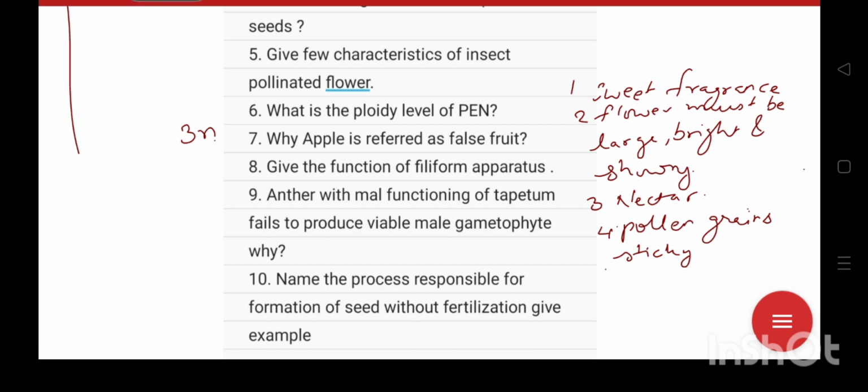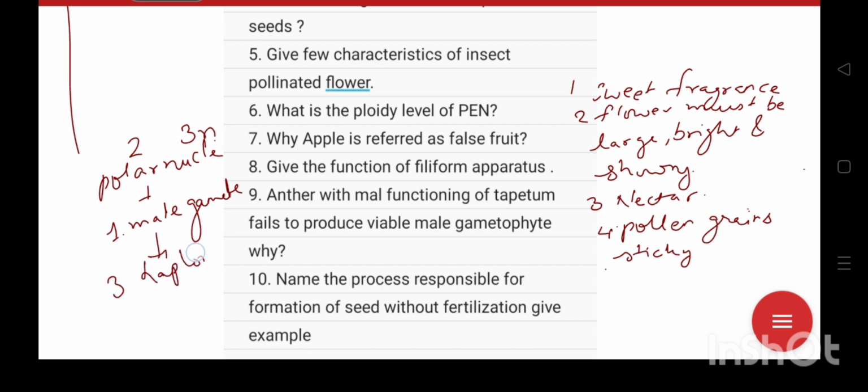Ploidy level is 3N as it is formed by the fusion of haploid nuclei, that is 2 polar nuclei and 1 male gamete. So total of 3 haploid means 3N. 2 haploids of polar nuclei and 1 of male gamete.